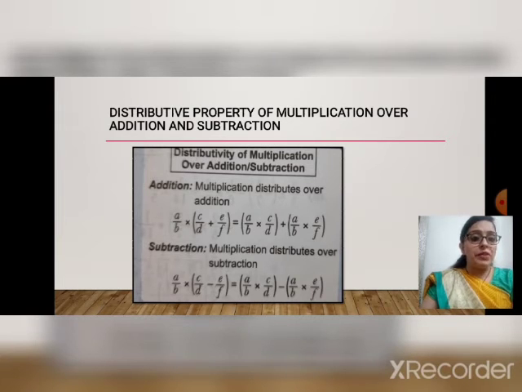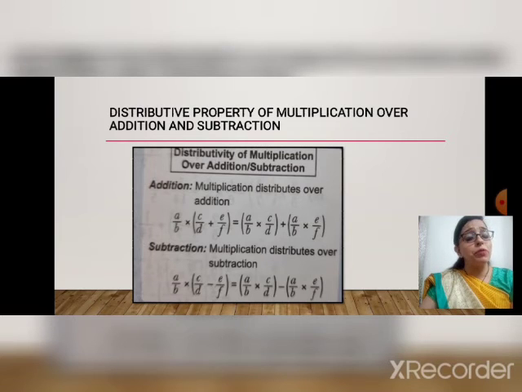So I can multiply A/B with C/D and A/B into E/F, because outside it's a multiplication sign. Whatever the sign in the bracket, we put it outside, and again we multiply A/B into E/F.